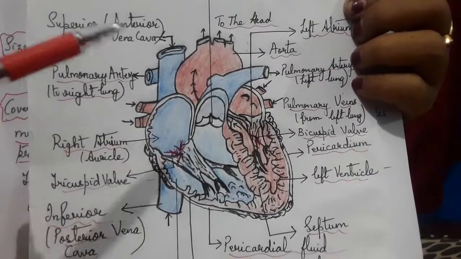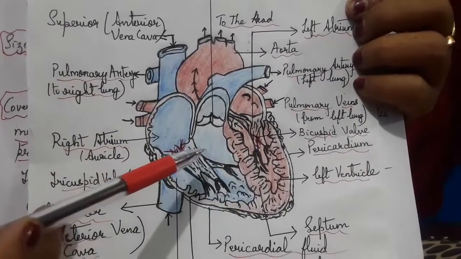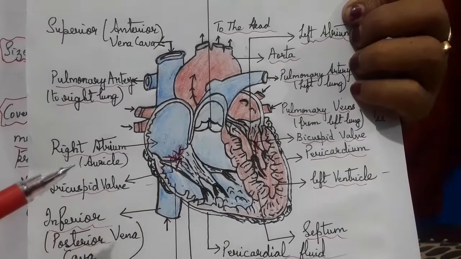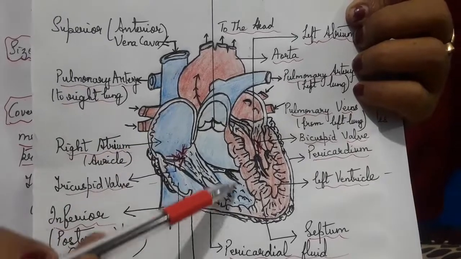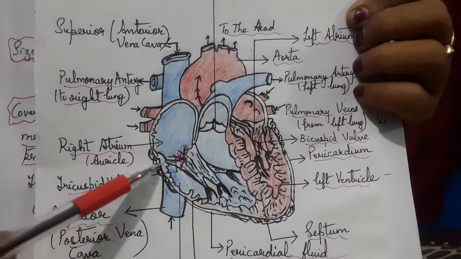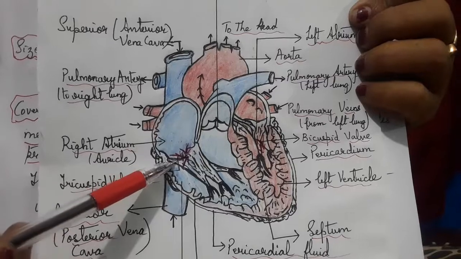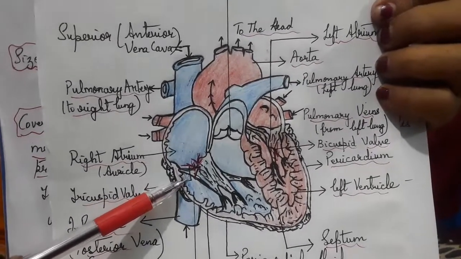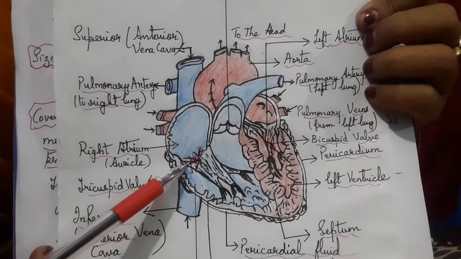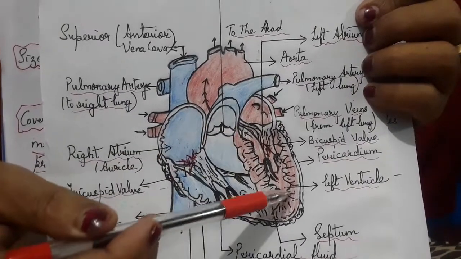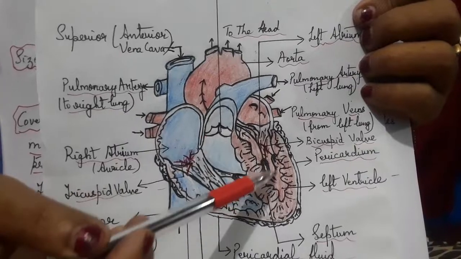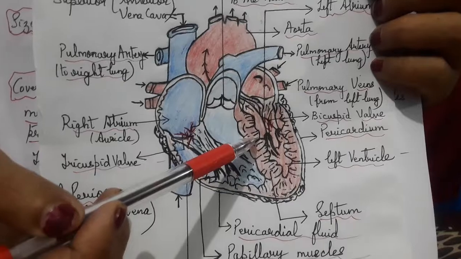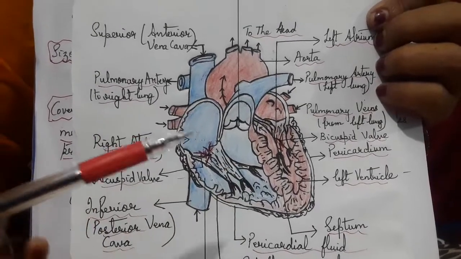In the human heart, you can see that the blood of the right side and the left side do not mix, because the right side of the heart is concerned with the distribution and receiving of the deoxygenated blood containing more amount of CO2, while the left side of the heart is concerned with the receiving and distribution of the oxygenated blood containing oxygen.